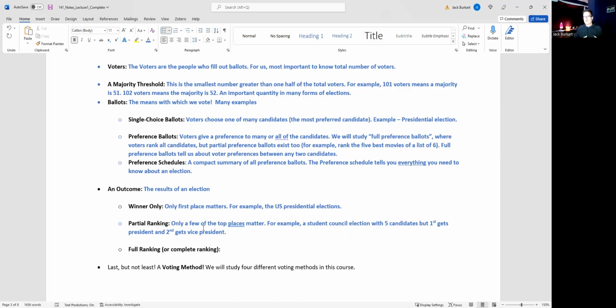So maybe we've encountered partial rankings before where we do care about who second and third place are because they get a role. Previously in the United States, second place became vice president. That's a very important plot point in the musical Hamilton. All right. And then something that we'll often concern ourselves with is the full or complete ranking of all of the candidates. That's a complete list of the rankings.